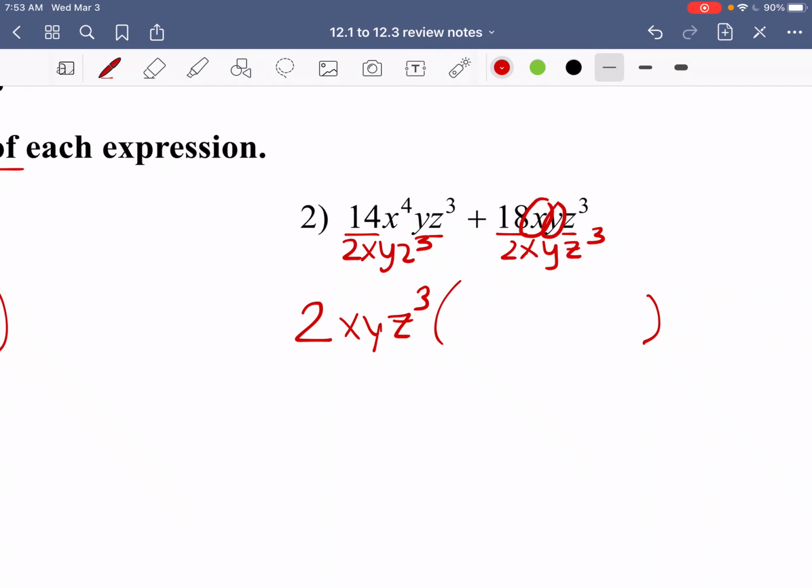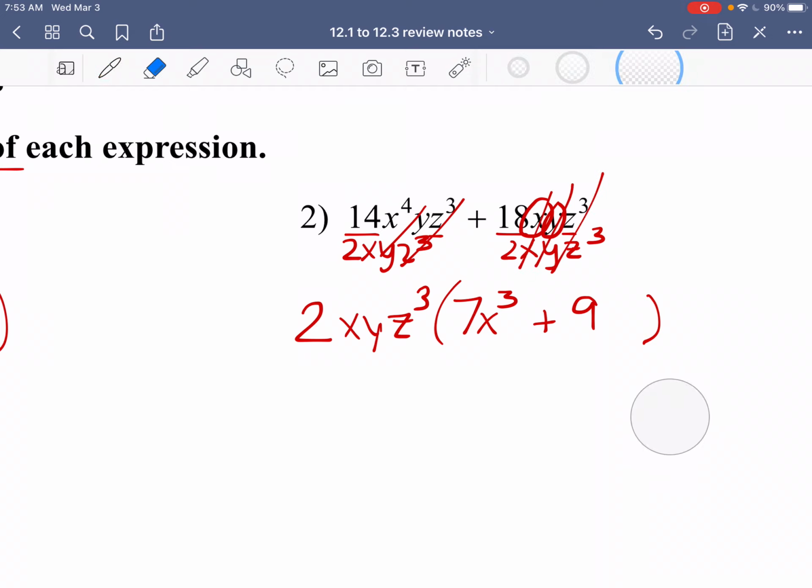Remember, you don't need to show the step if you don't need to. 14 divided by 2 is 7. And then subtract your exponents. The y's cancel, as do the z's. 18 divided by 2 is 9. X's cancel, y's cancel, and z's cancel. So there's your answer.